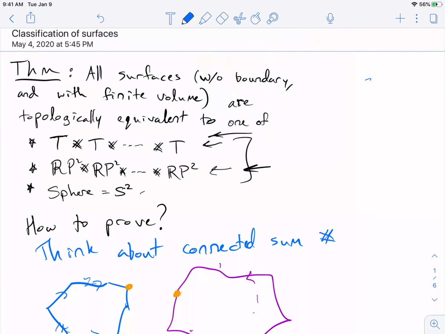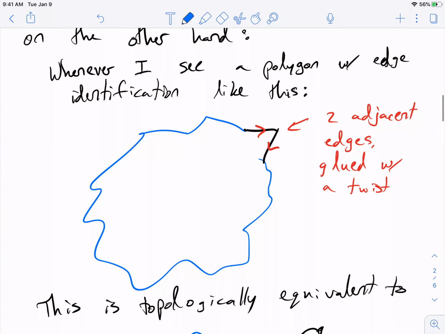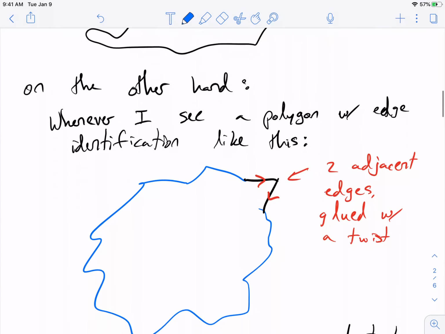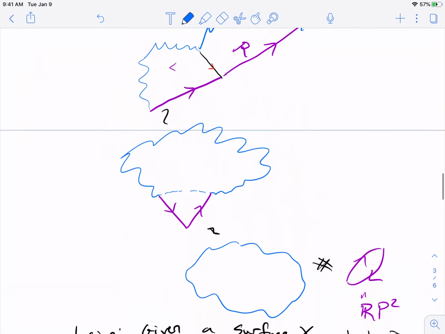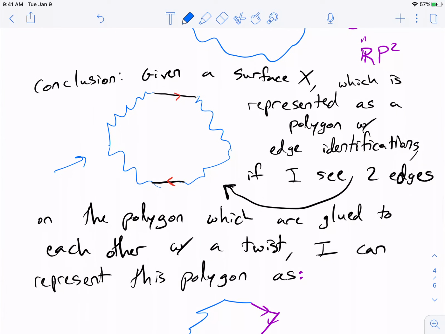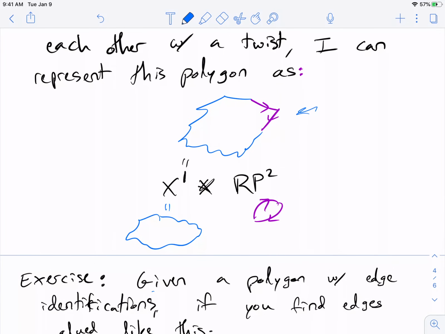Basically, you start with some arbitrary polygon with arbitrary edge identifications, and you look for toruses and RP2s within that. You look for two edges like this, two edges that are glued with a twist, and then through a sequence of moves you can replace that with two adjacent edges that are glued with a twist.